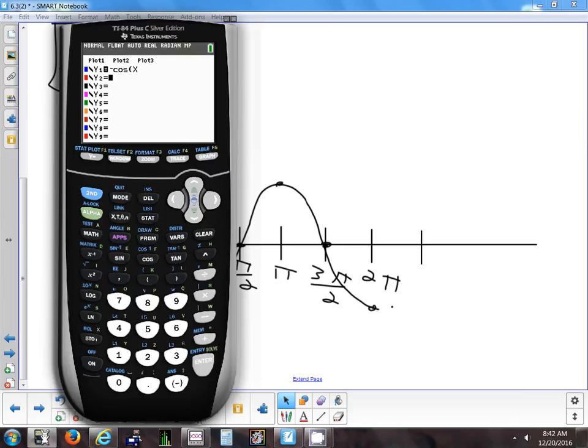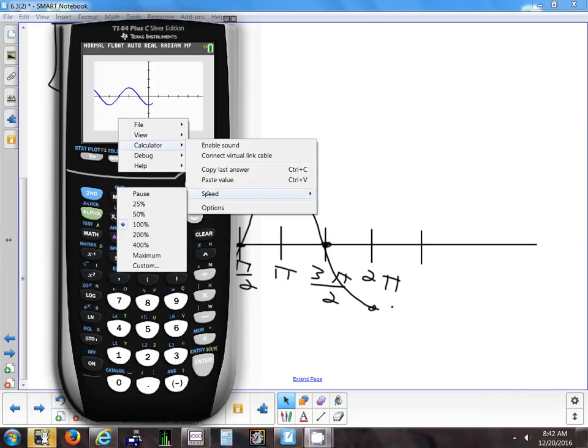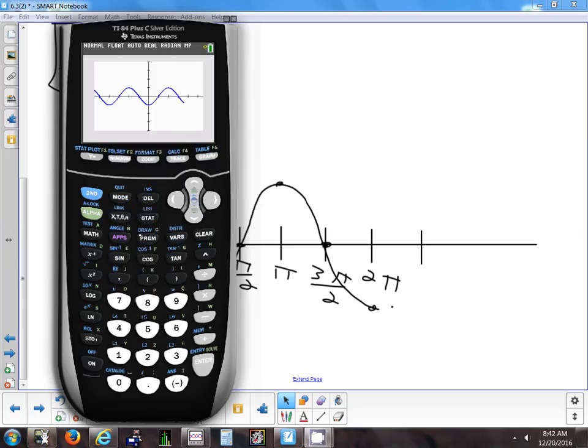And then I graph cosine x, and we're going to shift pi to the right. So would that be minus pi or plus pi? Minus pi. Okay, and I'm in radians, so that's fine. Let's graph those and see what happens. They're the same graph. Well, at least they look like the same graph, and they are. Okay, we could prove algebraically that they are the same. The graph suggests that they're the same.